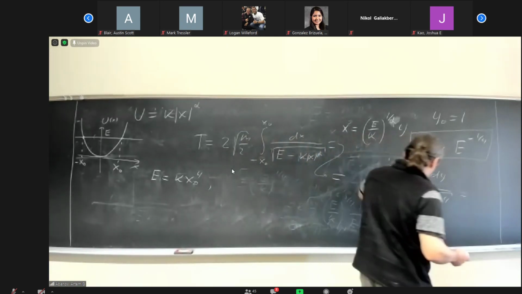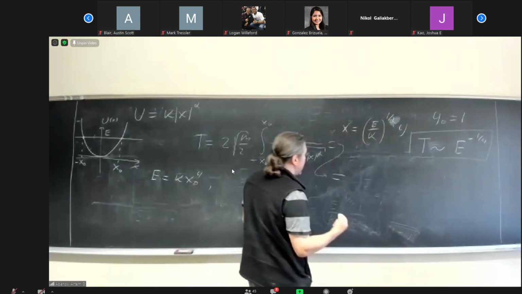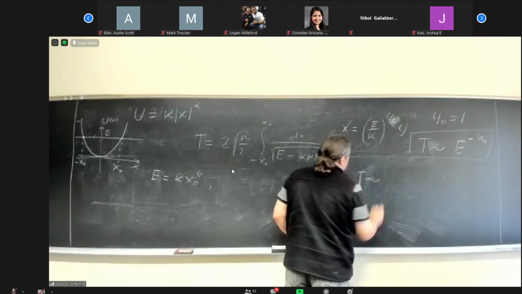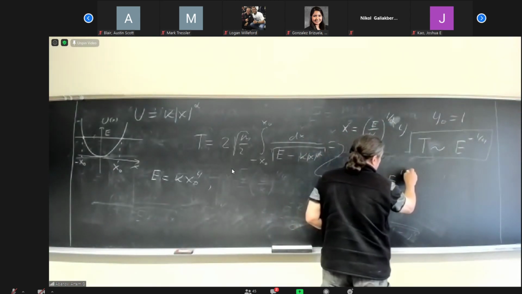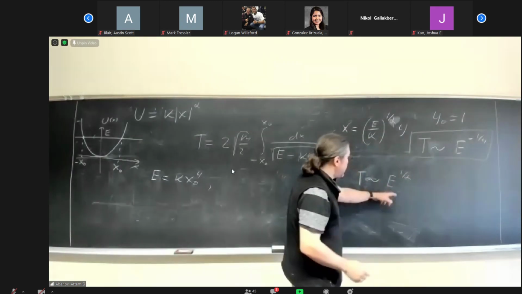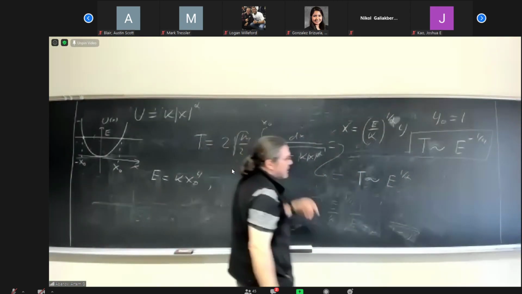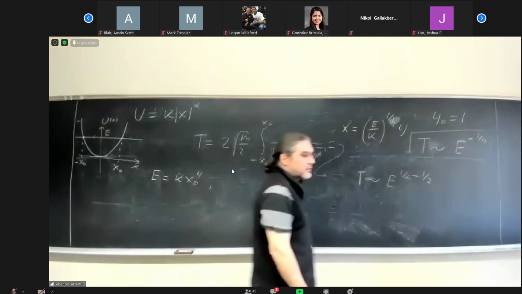The rest of that will just go through exactly as it is. And I remember where the powers of E come from. One of them will be this one, E in 1/alpha, and the other power is coming from when I pulled E out of the square root, so it's minus 1/2. Right.